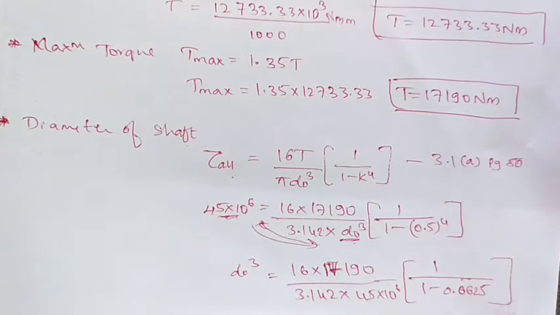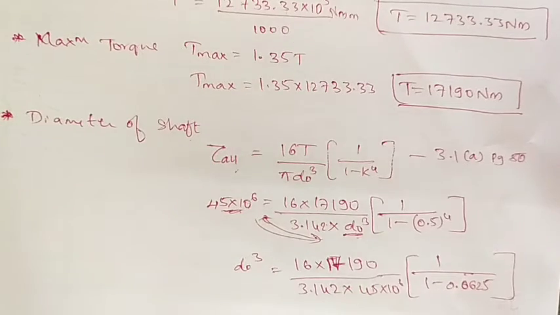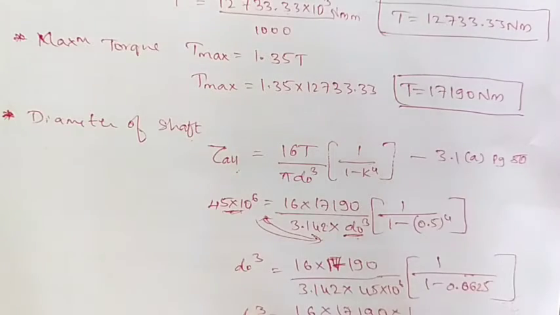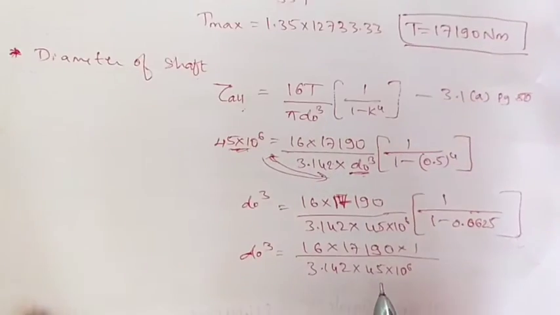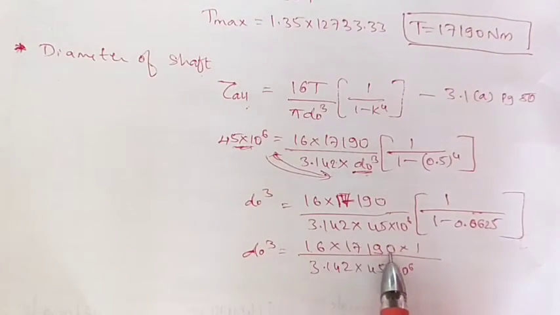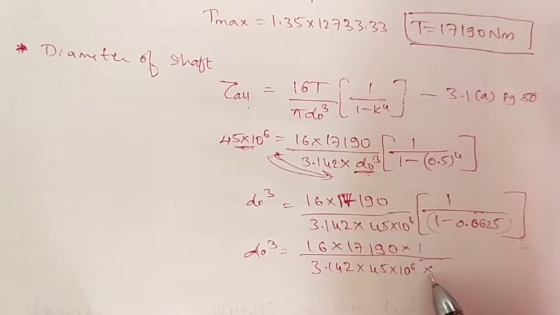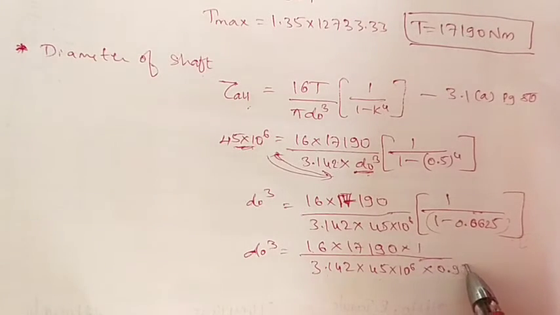When you take it raised to 4, it will be 0.0625. Okay, now d naught cubed is equal to 16 into 17,190 into 1, divided by 3.142 into 45 into 10 raised to 6. Whenever you find this value, this will multiply down, 0.9375.